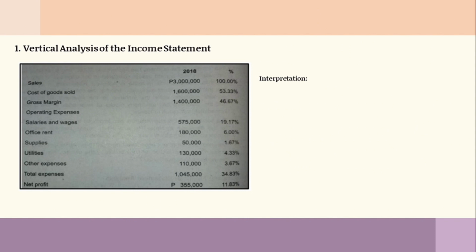So to solve for the component, we have to solve mathematically where the numerator is the account that you wanted to analyze, for example the cost of goods sold, the gross margin, etc. And the denominator is the base, which is the sales in the income statement, where 1,600,000 is the cost of goods sold divided by the base, which is 3 million, and equals 53.33%.